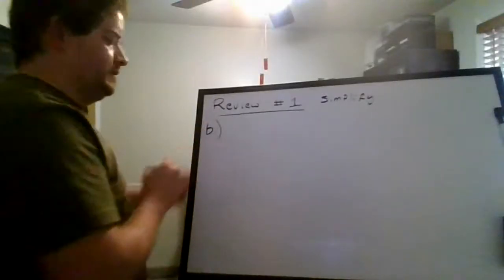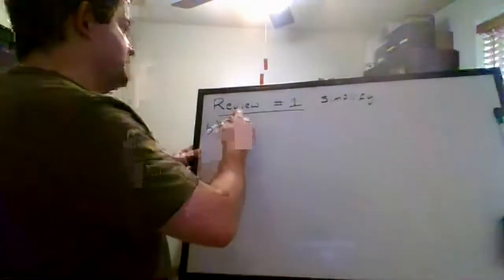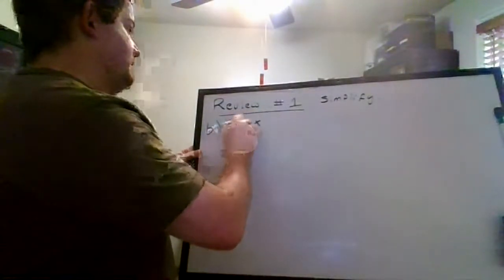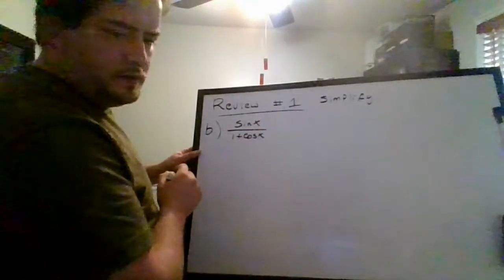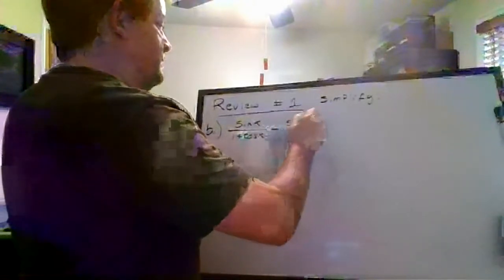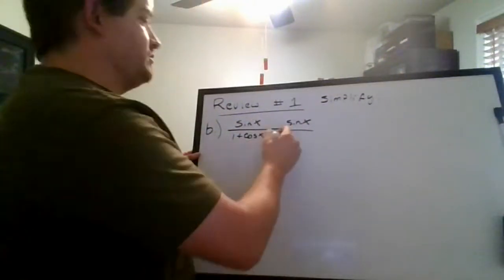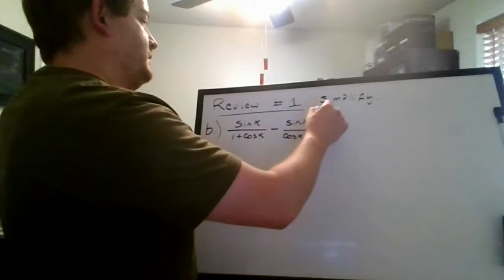B is sine of x over 1 plus cosine of x, minus sine of x over cosine of x minus 1. And then we've got that -1 power here.